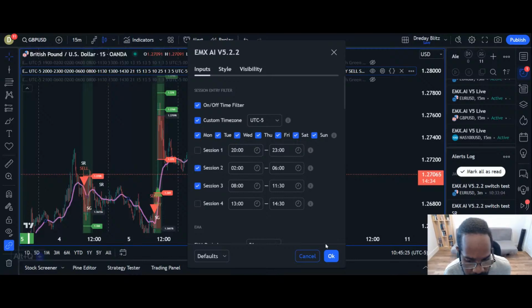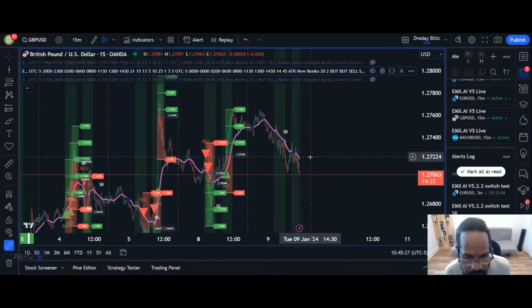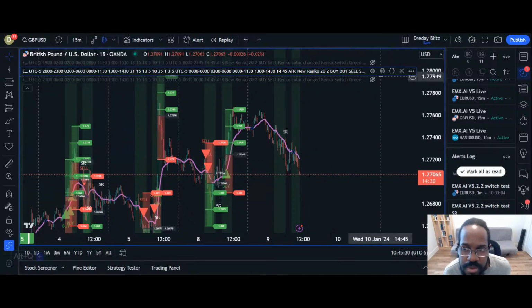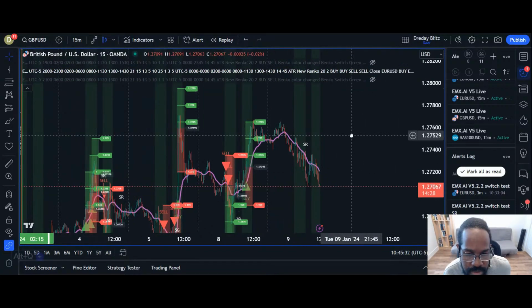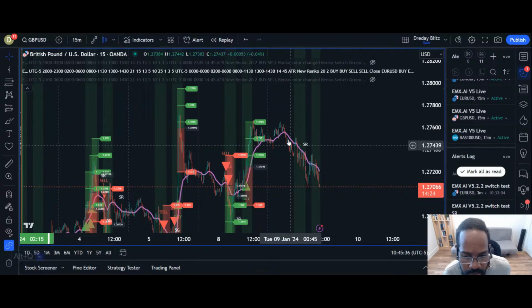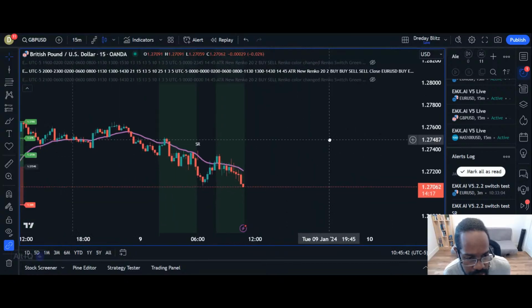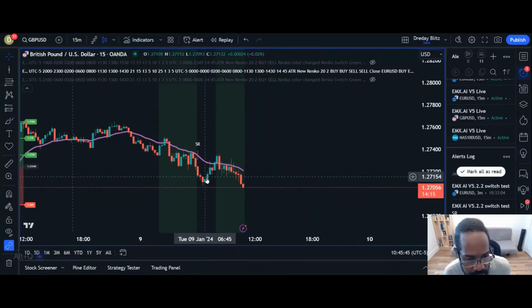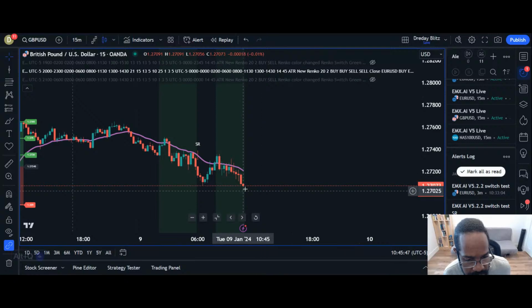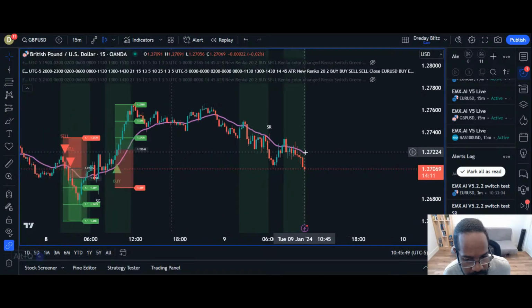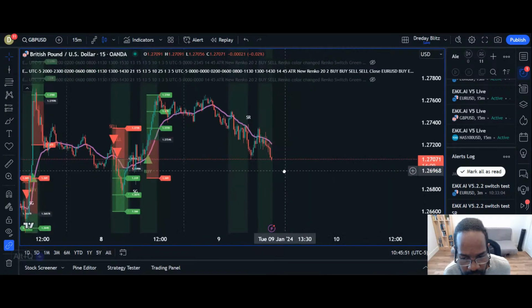Let me check. I know we had a setup here, did we? No. So here you had a switch red, so no signals, but it's confirming to you that we're going in a downtrend. So based off of that signal, you would be in a trade going down, and you would still be in profit right now. And it's still looking bearish here overall.